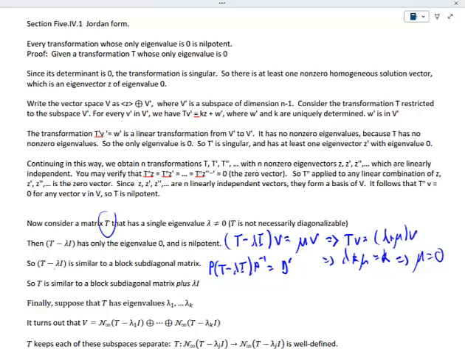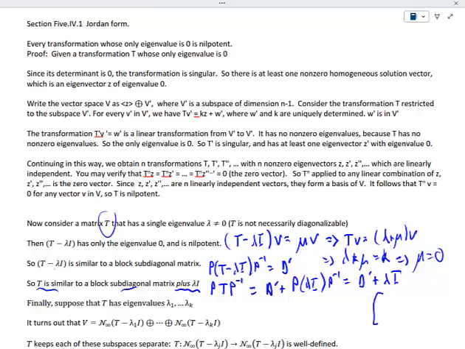So PTP inverse, I can bring the lambda I to the other side, right? So that's equal to D prime plus P times lambda I times P inverse, which is equal to D prime plus lambda I. So that's how I get this: T is similar to a block subdiagonal matrix plus lambda I.